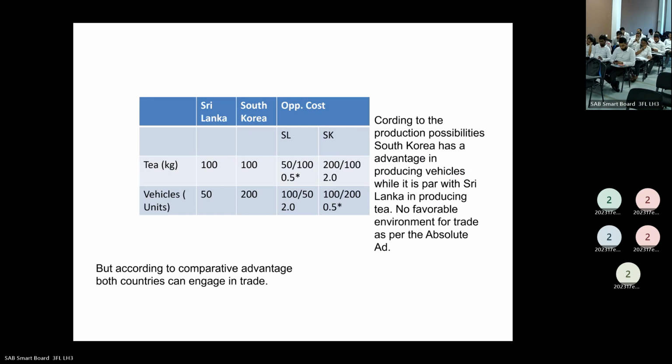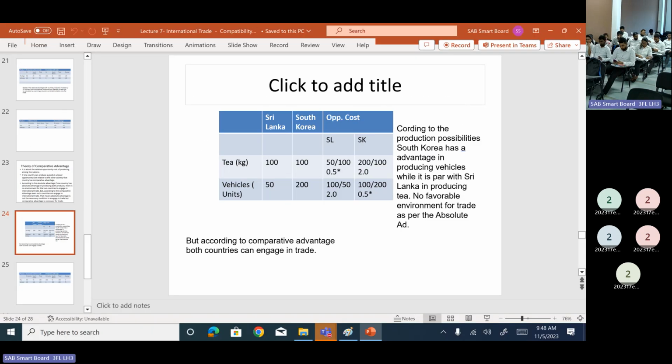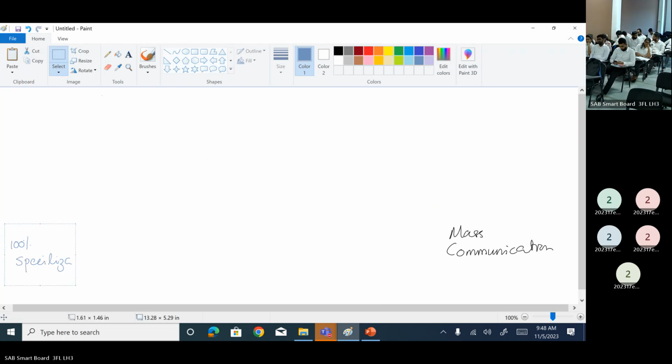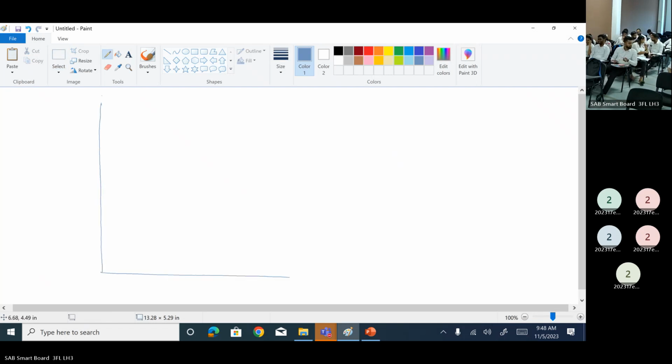What's the combined production possibility of tea and vehicles, starting from 100?